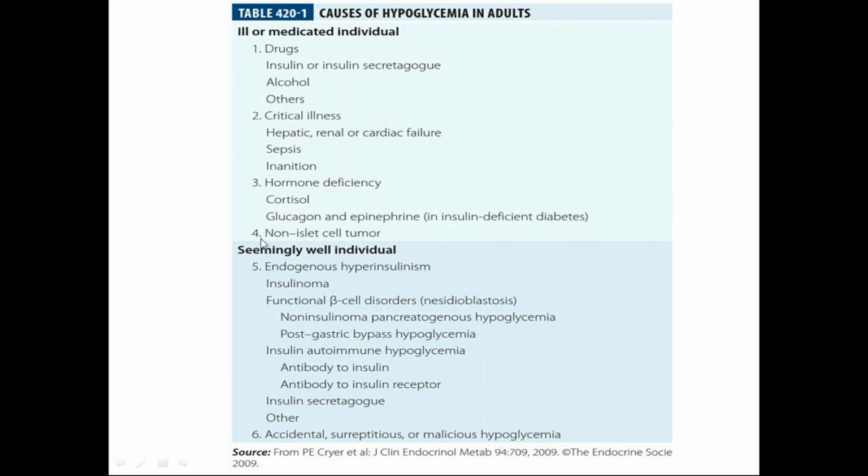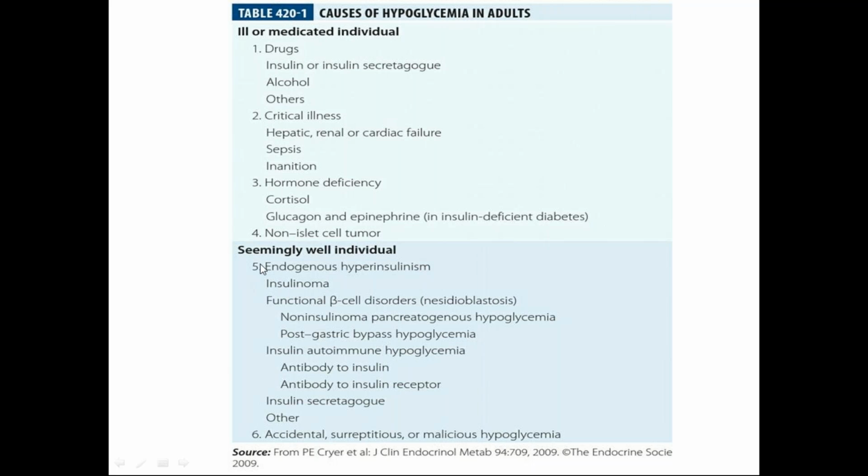What are the causes when the patient is normal, like he seems well, he appears healthy? So when those people have hypoglycemia, the causes we should see are endogenous hyperinsulinism and exogenous hyperinsulinism. Exogenous means we give it from outside, so they are having increased insulin.